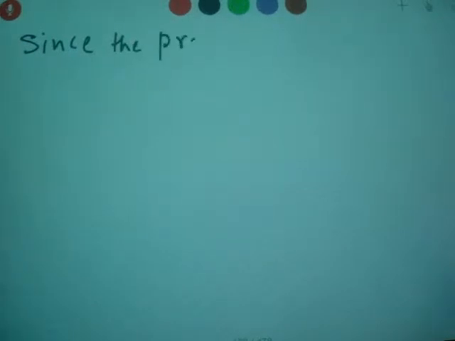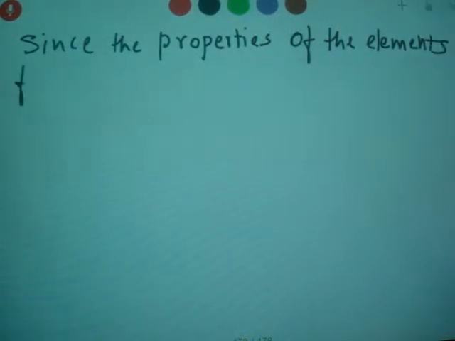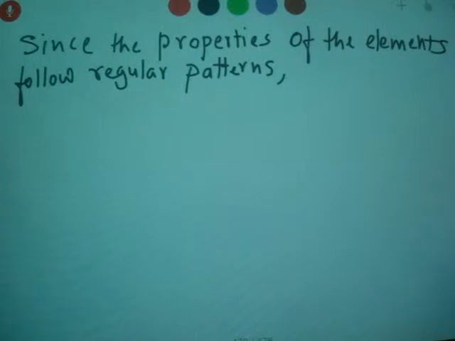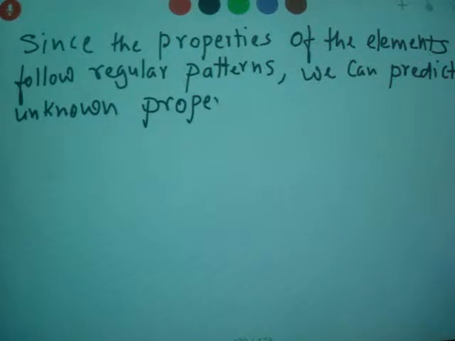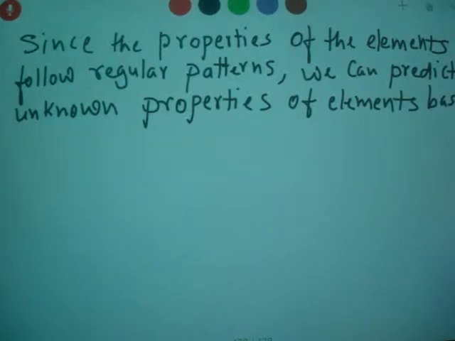The properties of the elements follow a regular pattern, so we can predict unknown properties of elements based on what we know, right?